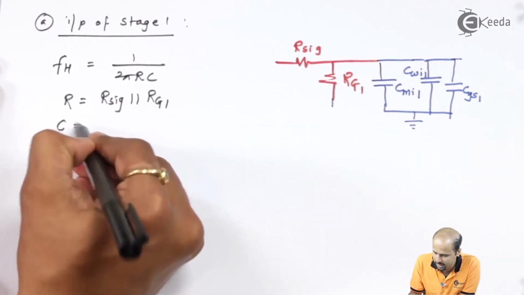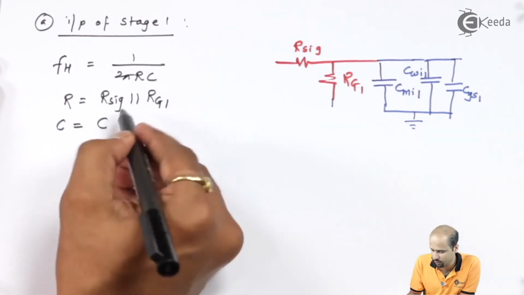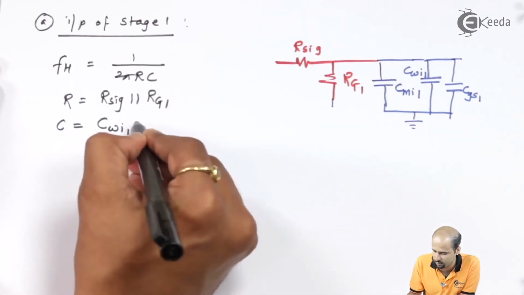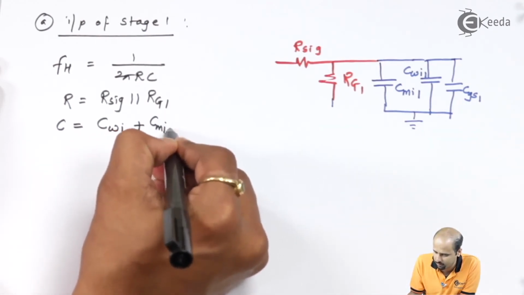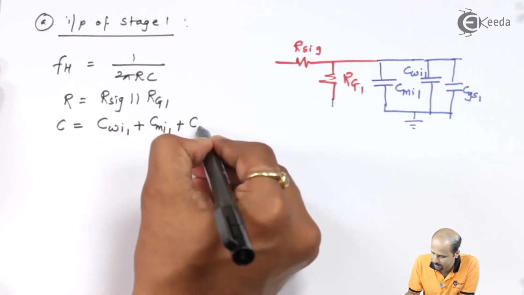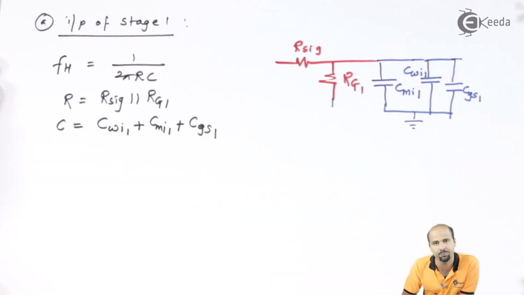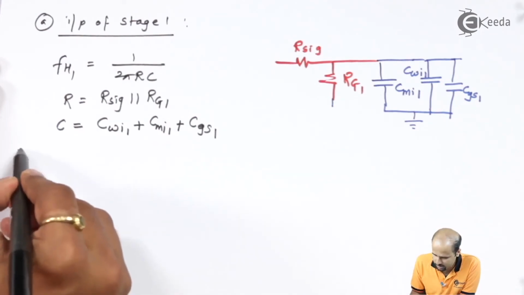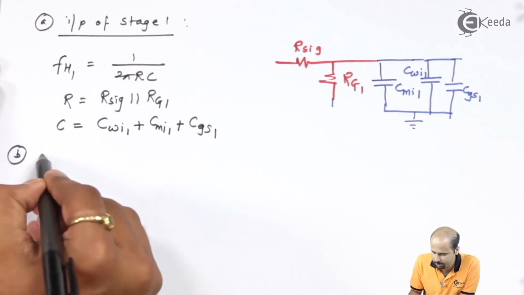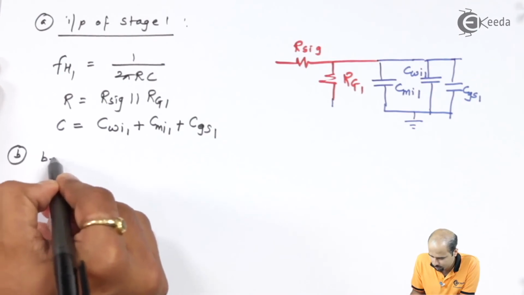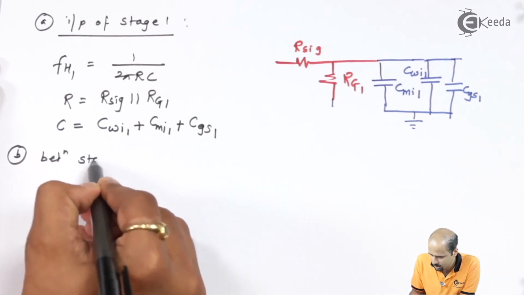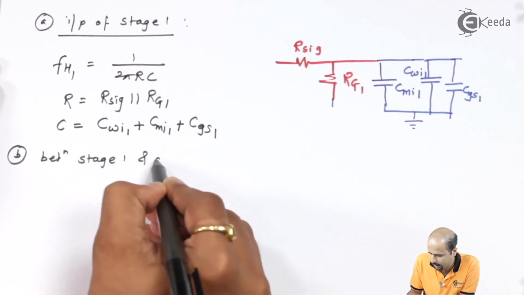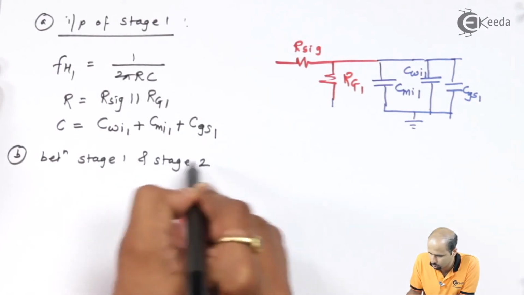Your value of capacitor is the addition of all the capacitances, that is CWI1 plus CMI1 plus CGS1. Simple, right? Once we get these two values, my FH1 is very clear to you all. Let's move to the second RC network, that is between stage 1 and stage 2.